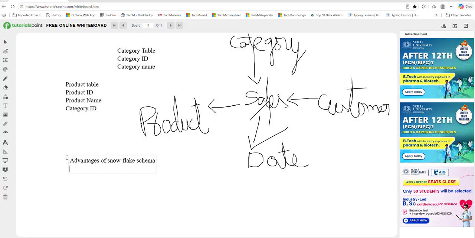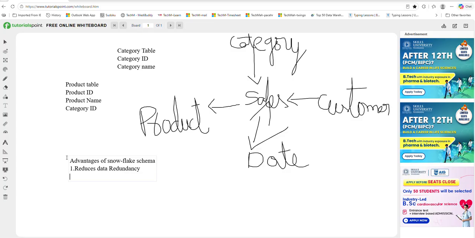Okay. Here, what are the advantages? First one is reduces data redundancy. Here duplicate data is minimized.